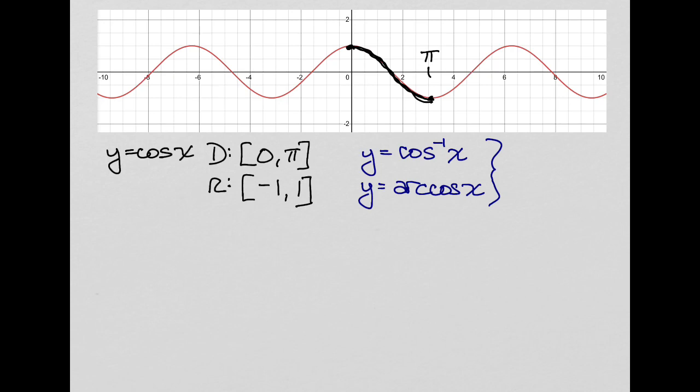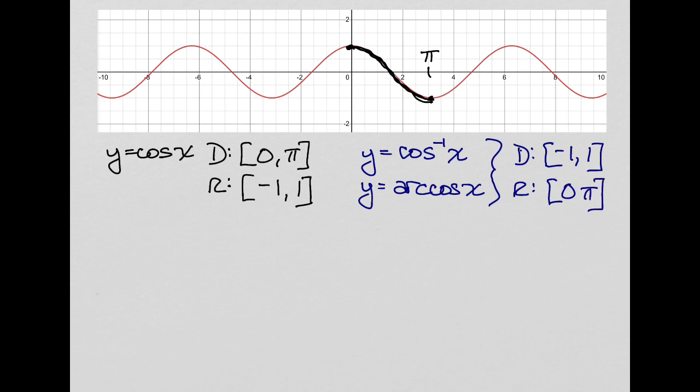You may remember also from your past that the domain of the original function is the range of its inverse, and the range of the original function is the domain of its inverse. So that tells me the domain of the inverse cosine function is the range of the cosine function, which is negative 1 to 1. The range is 0 to pi.